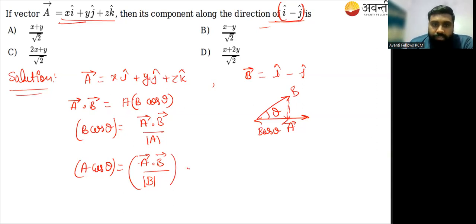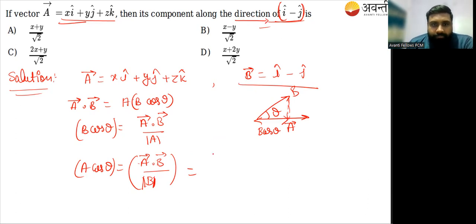Now what we have to do, we need to take the dot product and divide with the magnitude of the other vector in the direction of which we have to calculate the component. So which vector component do we have to calculate? Vector A in the direction of vector B. So you need to divide with that vector in the direction of which you want the component.